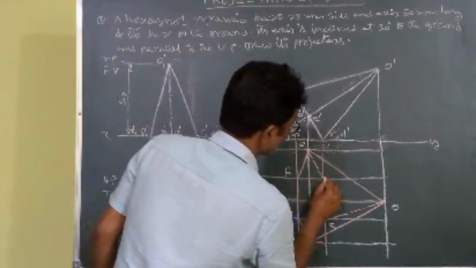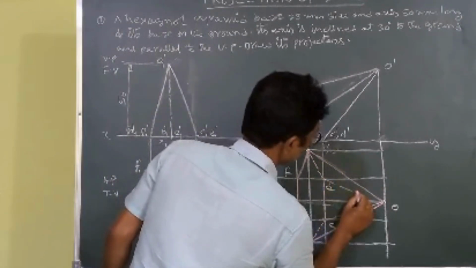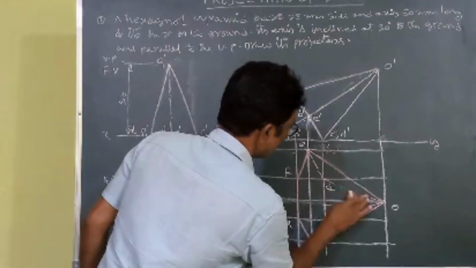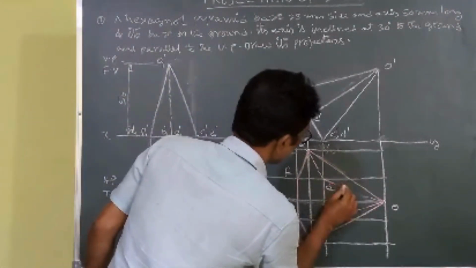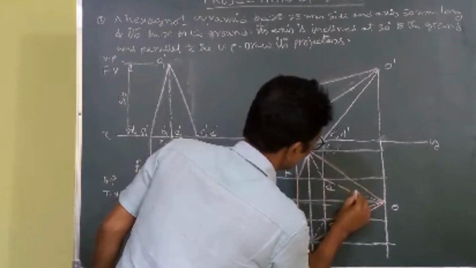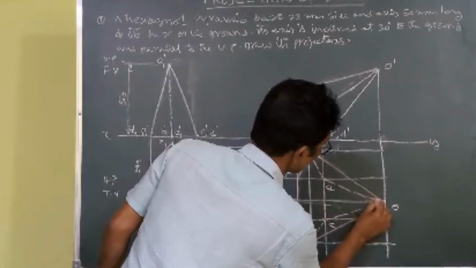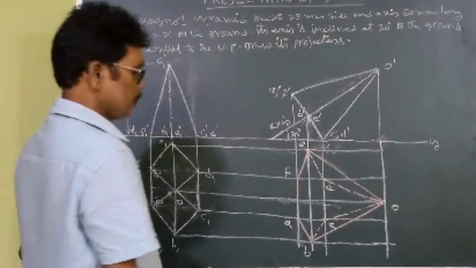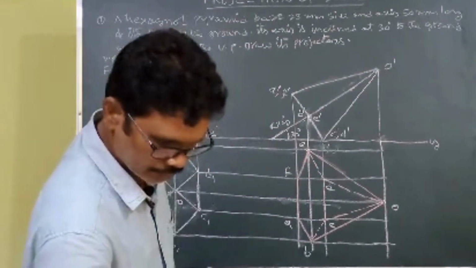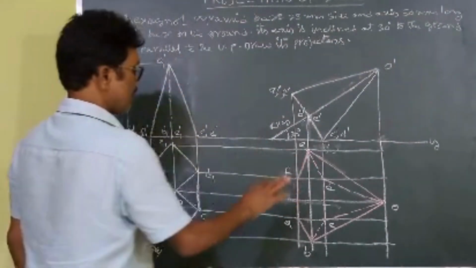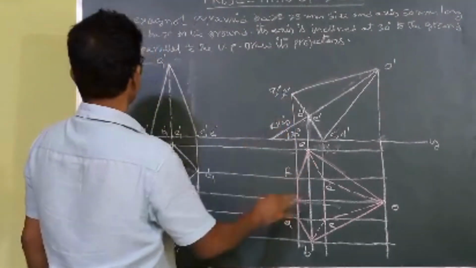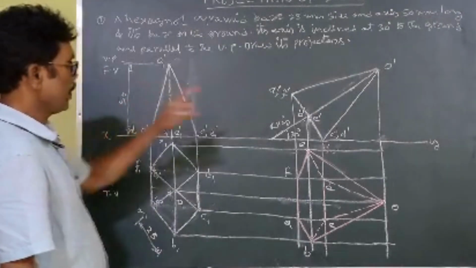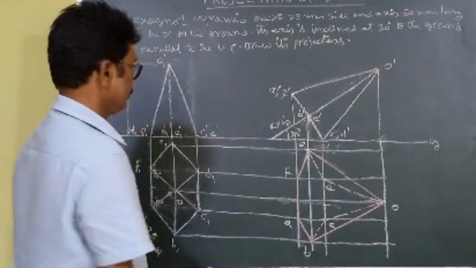This is also not visible. Understand? So this is the top view, this is the front view. Like this you have to develop the front view and the top view of this problem.